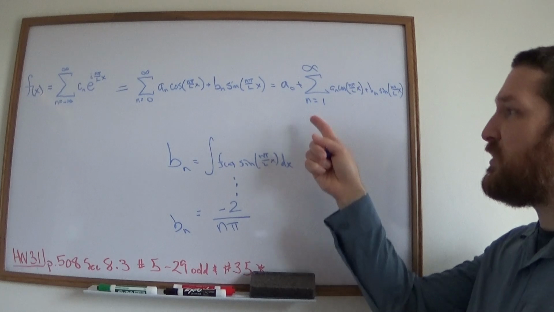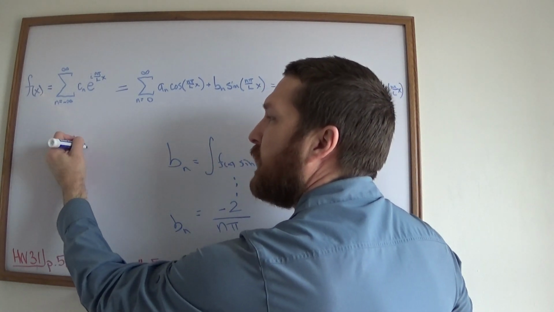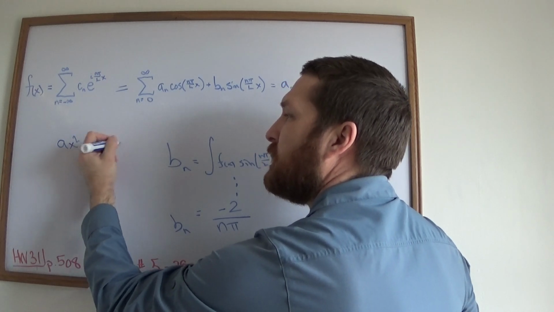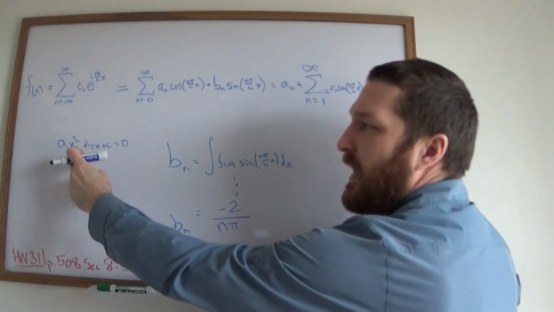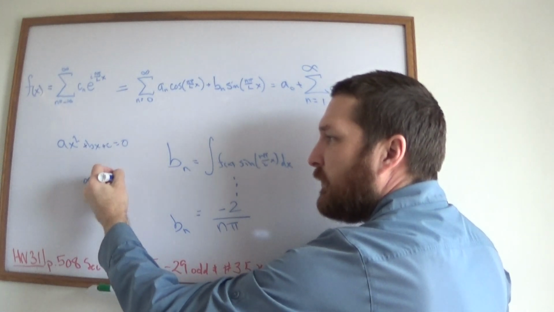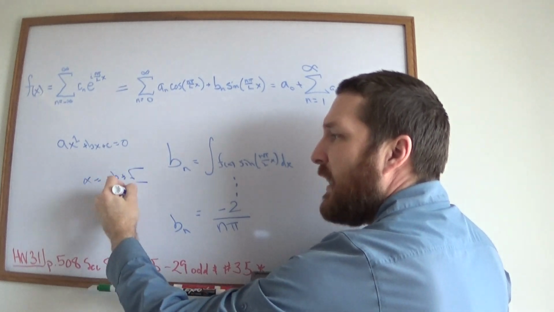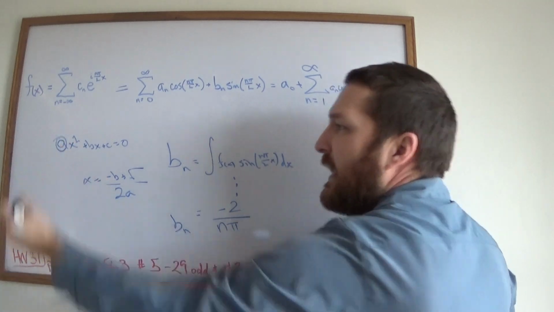So what you end up doing is remembering, it's kind of like when you have ax squared plus bx plus c equals 0. You could just use the formula and that's fine. But if your a happens to be 0, in your formula x equals negative b plus or minus blah, blah, blah over 2a, you wouldn't do that in the first place. You wouldn't just plug in a 0 if your a were 0.